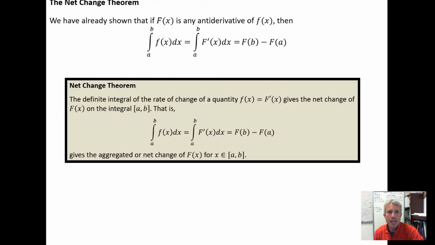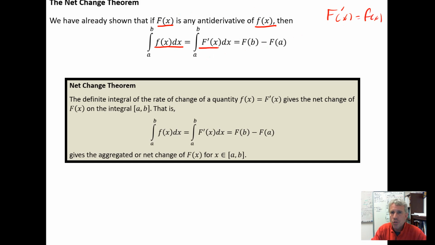So this leads to the net change theorem. So if we have an antiderivative F of little f of x, then if we calculate the integral from a to b of f of x dx, and F is an antiderivative of f of x, that means that F prime of x is f of x.